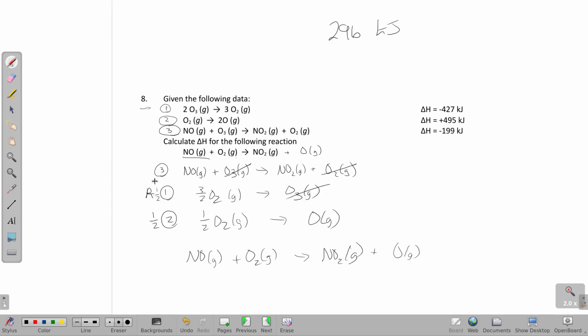What we're going to do is take what we've done to these three equations and do that with the delta H's. So since we didn't do anything with 3, we're going to leave it like it is. Since we reversed equation 1 and we changed all the coefficients by half, we're going to multiply it by 1/2, and reverse it, we're going to change the sign of it. It was negative, now it's positive. And equation 2, we're just going to do by 1/2.